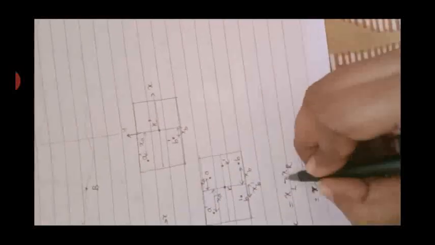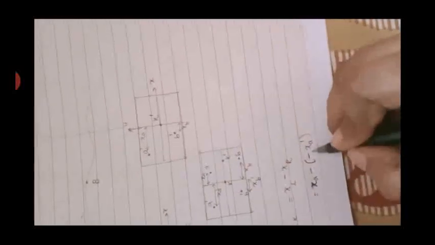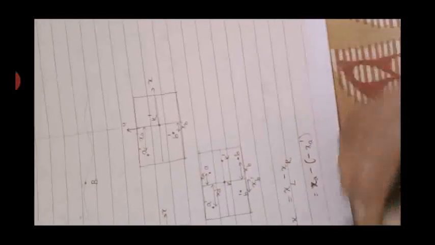So left image minus the right image coordinates. So on the left side it is XA minus, and why minus of minus? Minus of the right side x distance, because it lies in the negative coordinate, I write it as minus of XA dash.